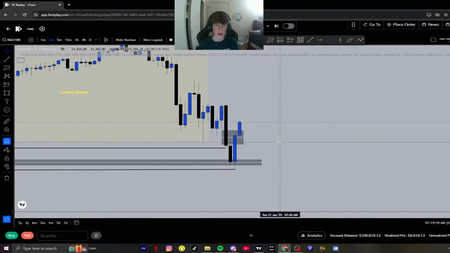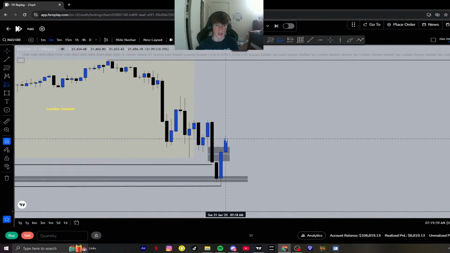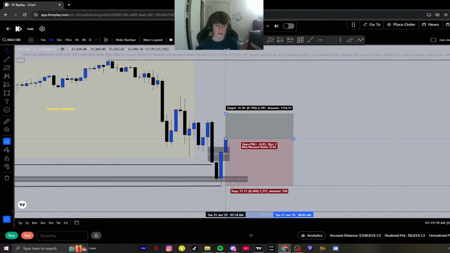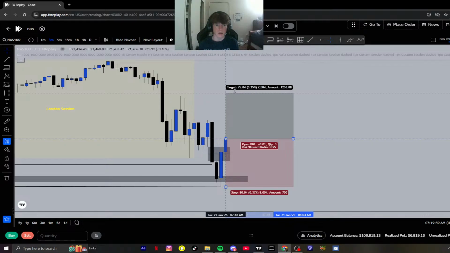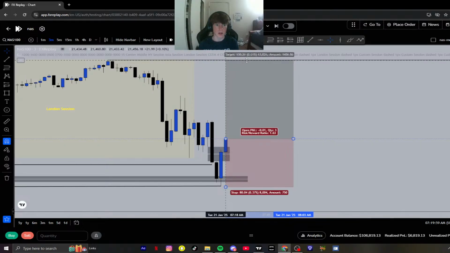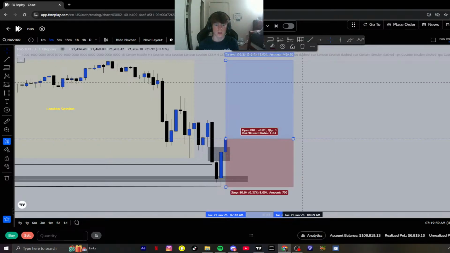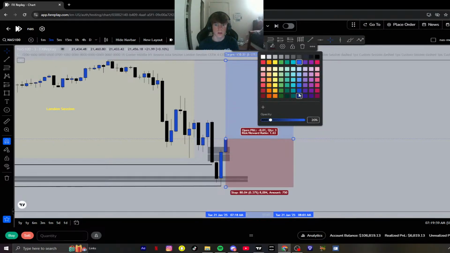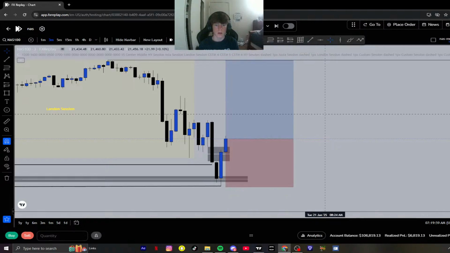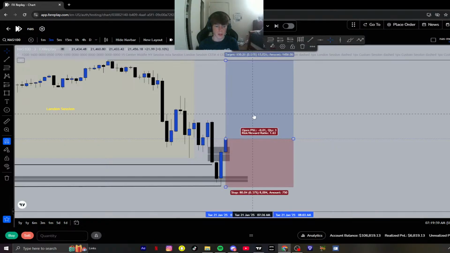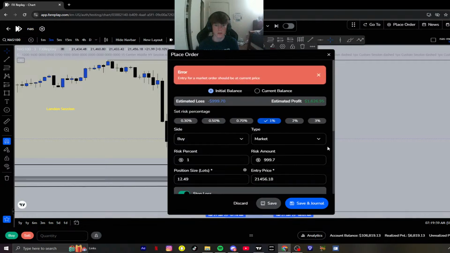So now that price has inverted it, I can kind of go just right here, and then at this liquidity right here, I'm pretty confident that price is gonna play out today.